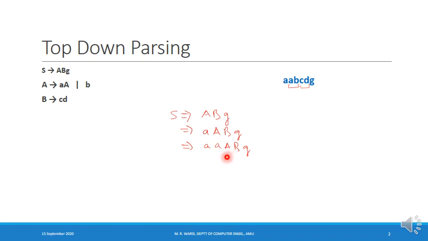Similarly, as we did earlier, for this string to be derivable from this sentential form, it has to begin with a small a, followed by the component derivable from capital A, and then there has got to be a component derivable from capital B, and then a small g at the end. So I can always analyze the given string with respect to the sentential form that we are obtaining in the derivation.